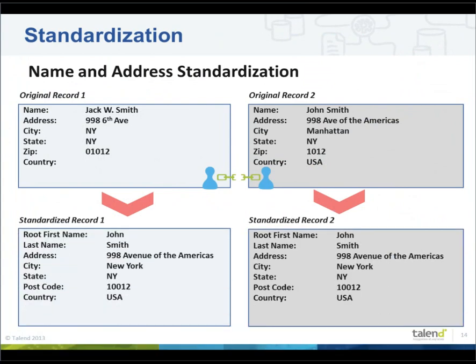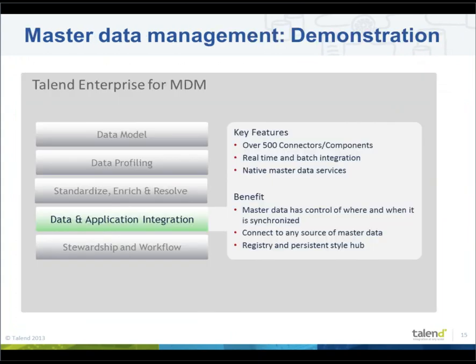So if you do some basic standardization and change Jack to John, which is a common nickname for John is Jack, and you standardize the address and get a standard address of 998 Avenue of Americas in New York with a proper zip code, you will definitely get a link with these a lot easier and have to do less matching across the entire process. So let's go now back to the demonstration and show how that would work.